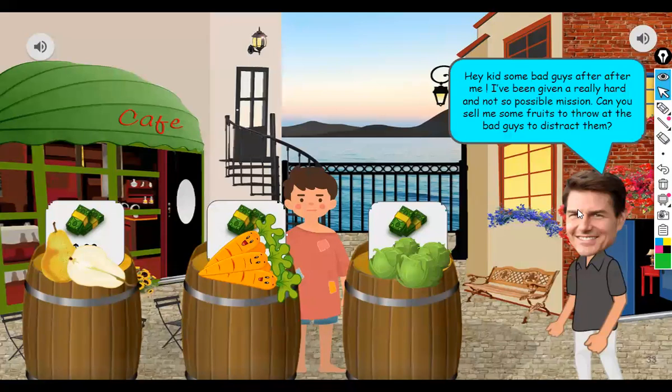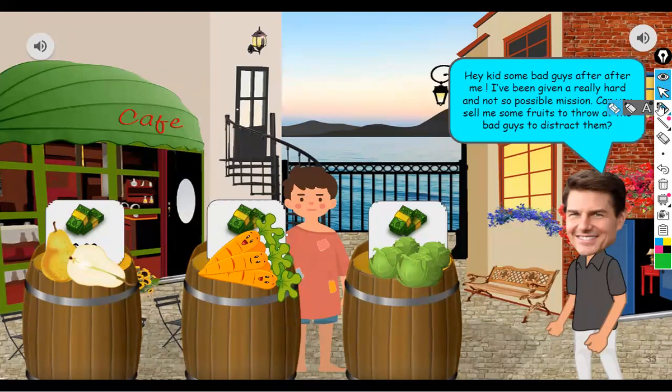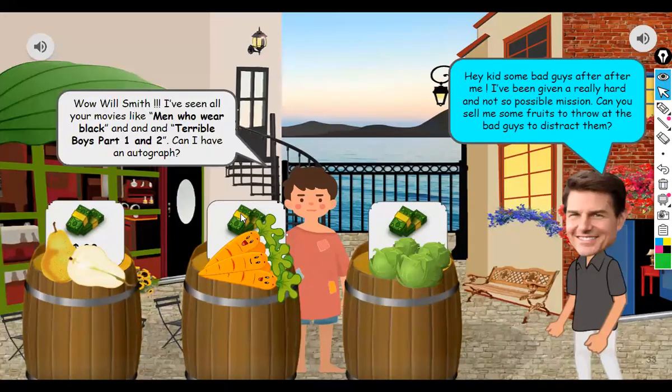Apparently some bad guys are after him because he's been given a really hard and impossible mission, so he needs something to distract the bad guys. I'm going to go with the carrots. I think the carrots will be an excellent choice. Let's hear what Assad has to say.